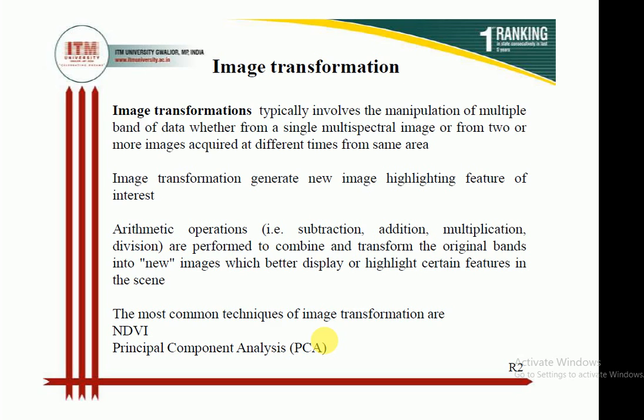It only separates or classifies the certain information which is needed. So certain arithmetic calculations are done in the image transformation, like subtraction, addition, multiplication. Two important processes are present in the image transformation. One is the NDVI and second one is the principal component analysis.